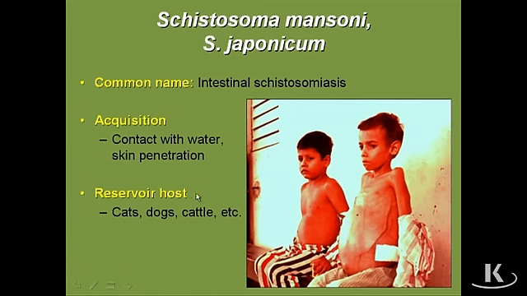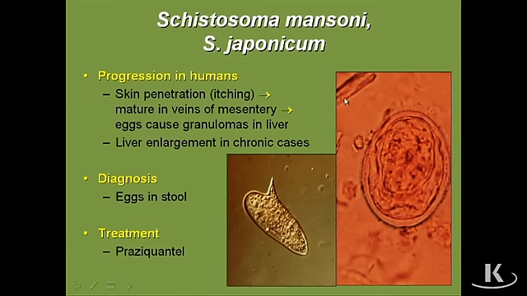The reservoir hosts are again domestic animals or livestock like cats and dogs, and then cattle, for example. This, as you can see in these kids, causes major hepatomegaly. What happens is the organisms penetrate intact skin, they mature in the mesentery, and they cause a granulomatous response in the liver, and you get the hepatomegaly in those chronic cases, like was in that image that we showed in the previous slide.